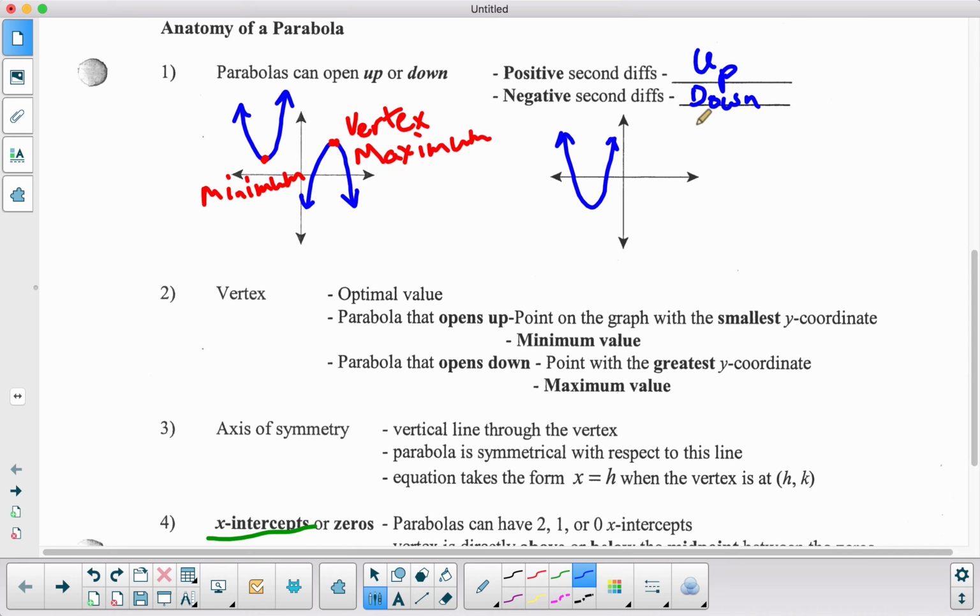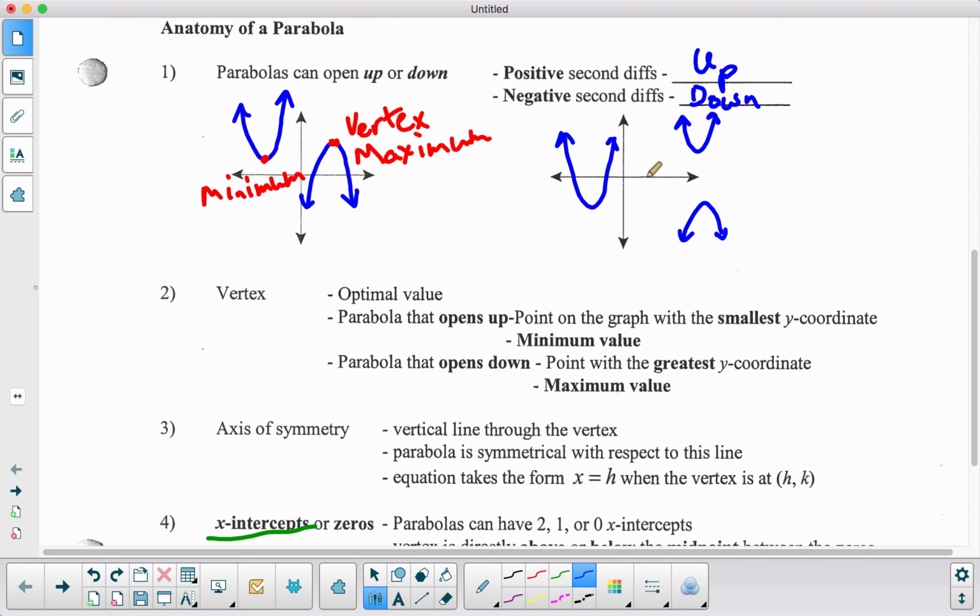The parabola could also have no x-intercepts, so it could open up, but the entirety of the parabola could be above the x-axis, and it doesn't cross the x-axis at all. Or, of course, it could open down but be below the x-axis, and again, it would have no x-intercepts.